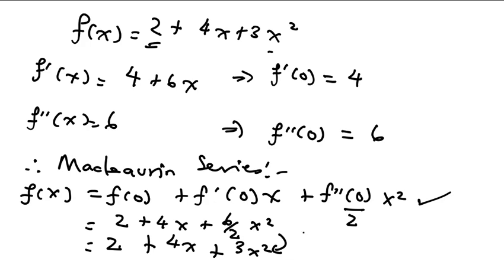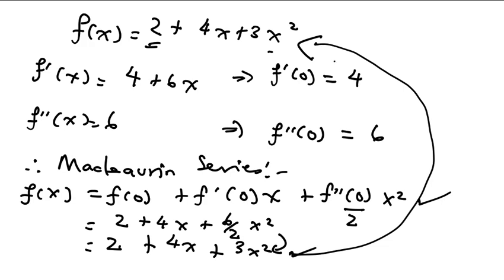When we want to check whether we have done the right Maclaurin series, we transform it back into the original function, and it so happens that this original function is the same as the one given in the question. So yes, the Maclaurin series does indeed correctly represent the given function, which is this, yeah?